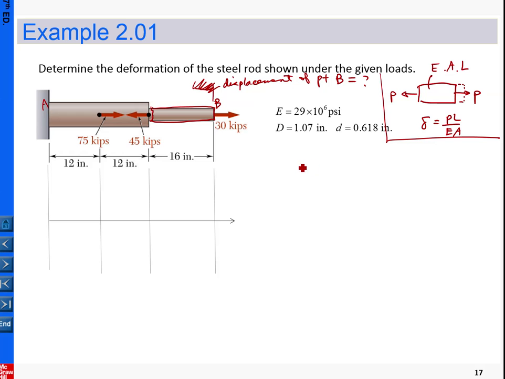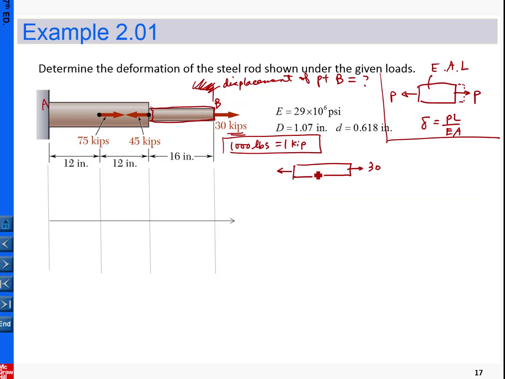For this one, let me draw it here. At least right now we have the loading that is 30 kip, and 1 kip is 1,000 pounds. That's a new definition. So that's 30, and by equilibrium, this is 30 here.